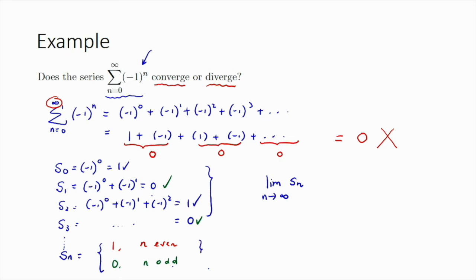And since Sn is defined as follows, we would say that this limit does not exist because Sn oscillates between 0 and 1. Therefore, the sum of this series, minus 1 to the power of n, does not exist, or we say it diverges because Sn, the nth partial sum, does not have a limit.